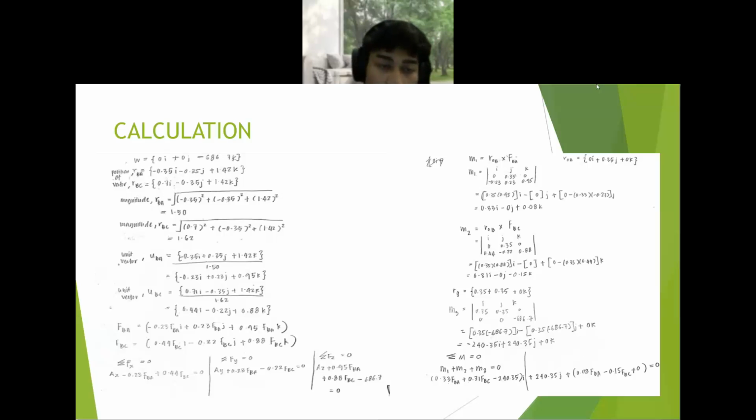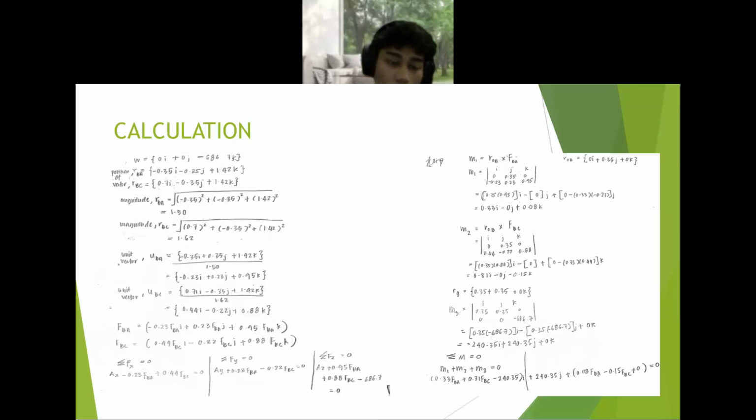So for the position vectors BA and BC, we get negative 0.35i minus 0.35j plus 1.42k for BA, and for BC it is 0.7i minus 0.35j plus 1.42k. After we get the position vectors, we also need to find the magnitude: for BA we get 1.5, and for BC we get 1.62.